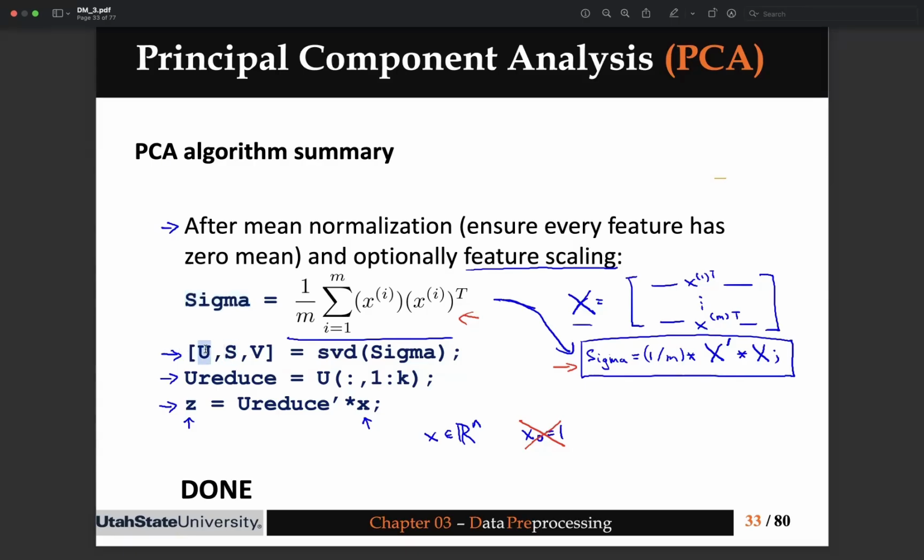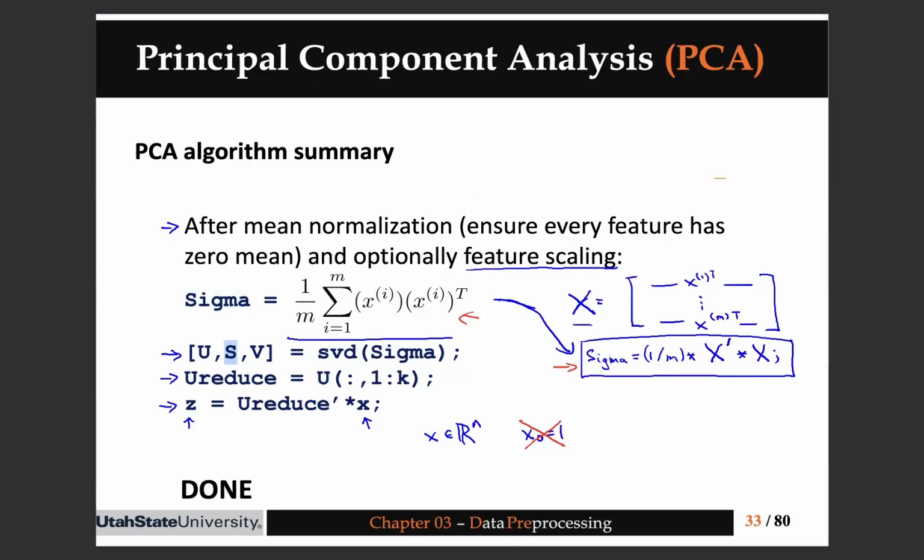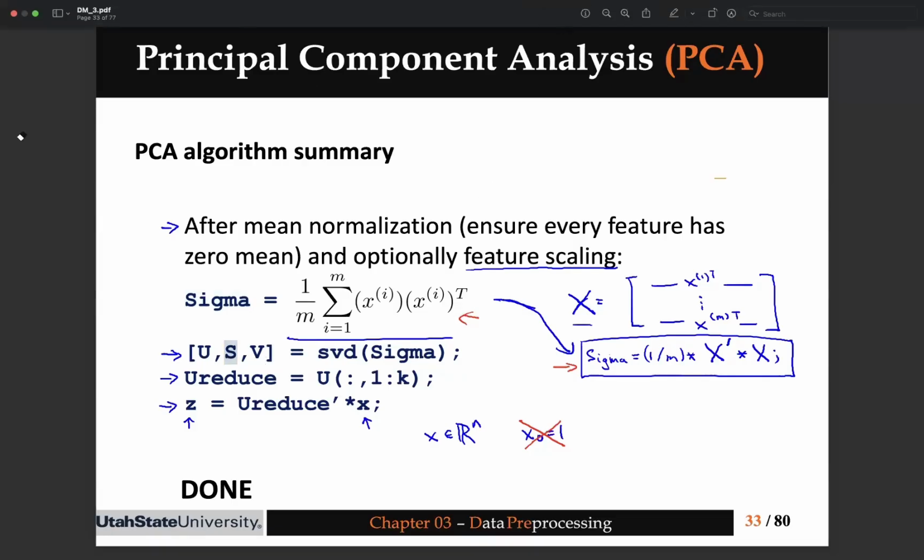So U will tell us what the eigenvectors are. The eigenvectors will be the columns of that particular matrix, and S in this case will give us the corresponding eigenvalues for every single principal component. The S matrix will be sparse everywhere, and it will have values only along the diagonal. So the S that I am showing you in the slide will have zeros everywhere, right?